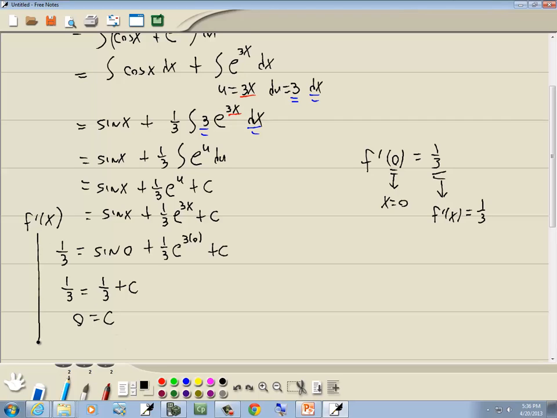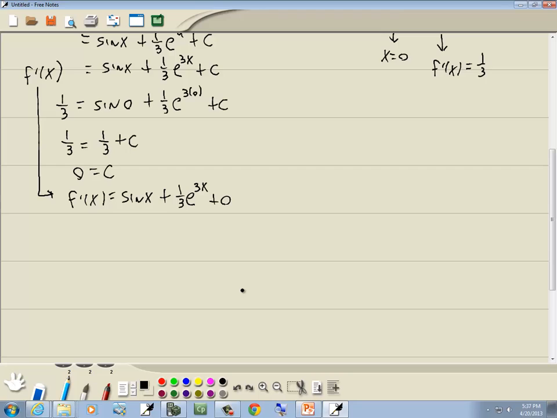So our first derivative now becomes f prime of x is equal to sine x plus 1/3 e to the 3x plus 0.